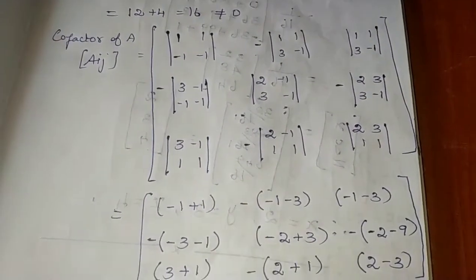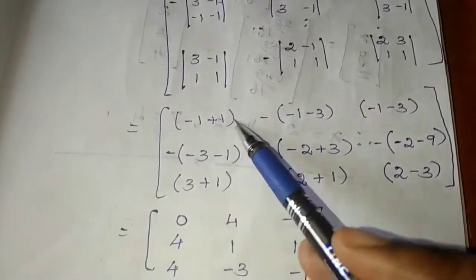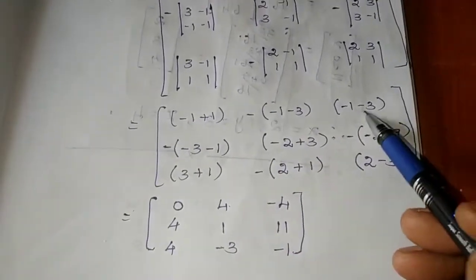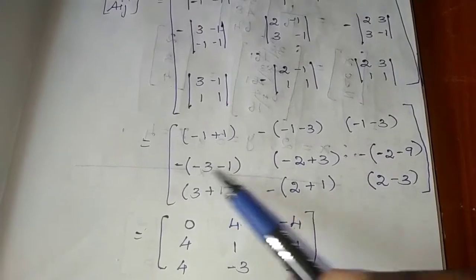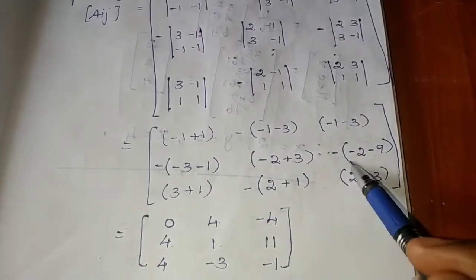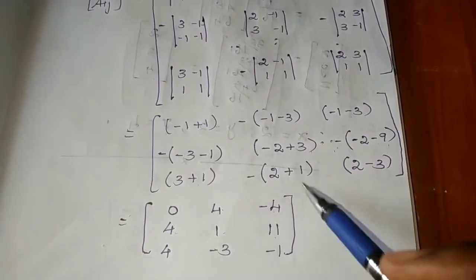On simplification we get 0 minus 4, here plus 4, minus 4, here minus 4 plus 4, 1, here minus 11, here also 1, plus 11, 4, minus 3, minus 1.